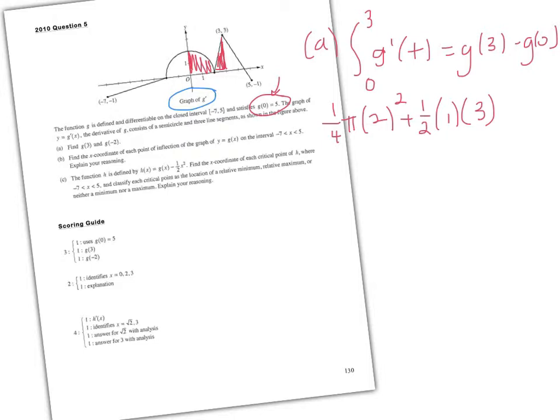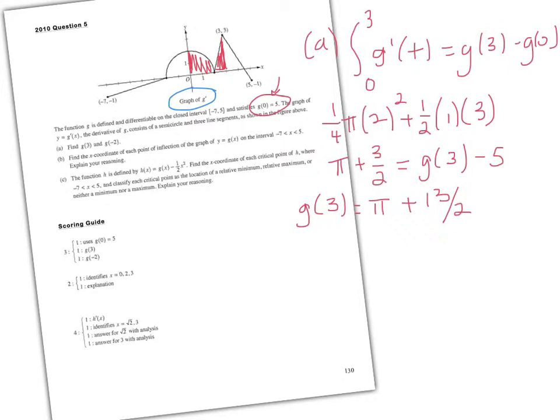So it's 1/4 of 4 pi, so it's pi plus 3/2. All of that is equal to g of 3, which we're trying to find, minus g of 0, which is 5. So g of 3 is then pi plus 3/2 plus 5. If I add 5, I'm really adding 10/2. So it's going to be 13/2.